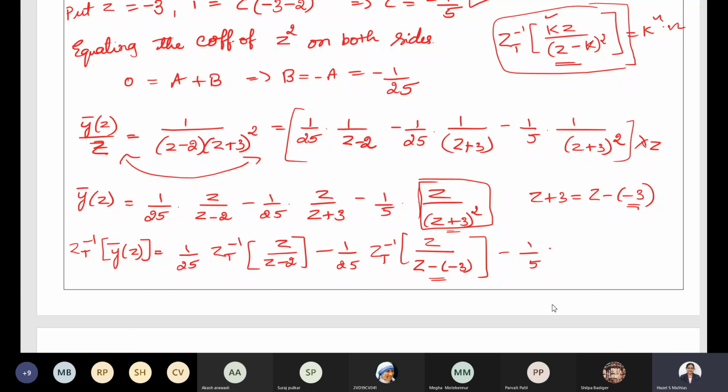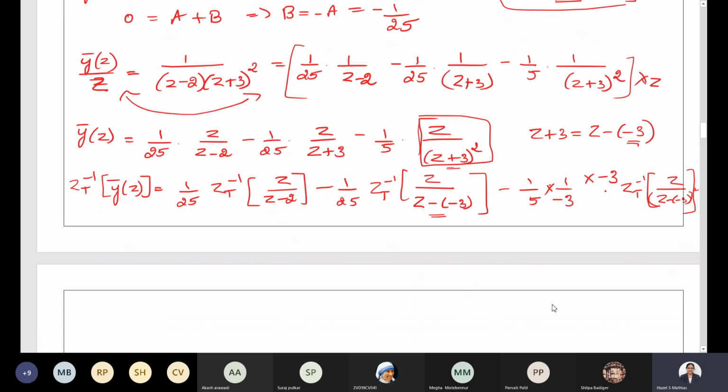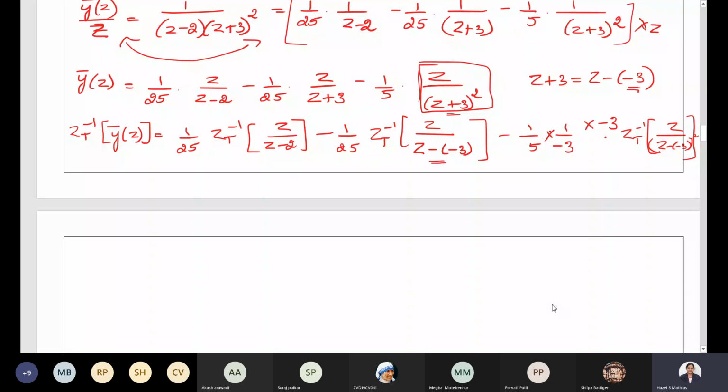That's why we multiply and divide by minus 3. Am I correct, everybody? We multiply by minus 3, also we divide by minus 3. Then what do we have over here? Inverse Z transform of Z by Z minus of minus 3 whole square. Z plus 3 whole square we can write as Z minus of minus 3 whole square.